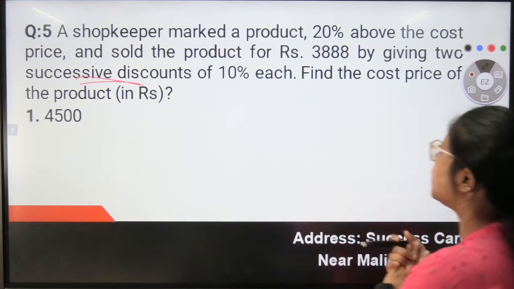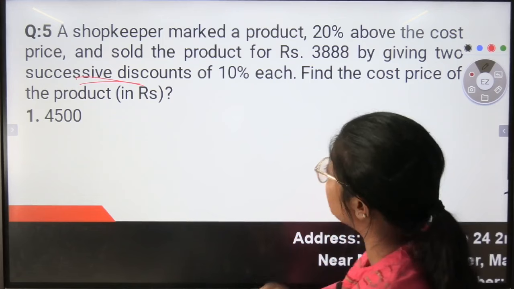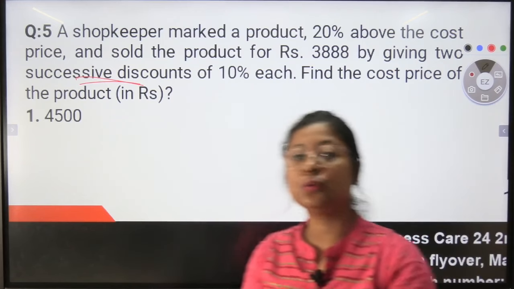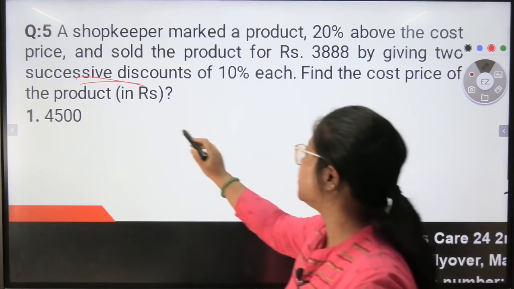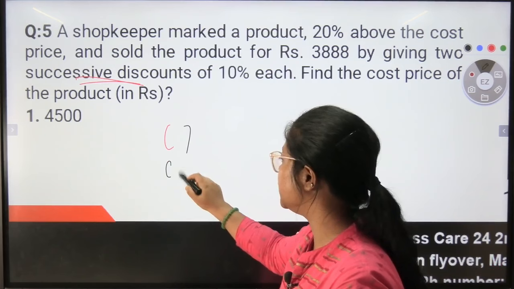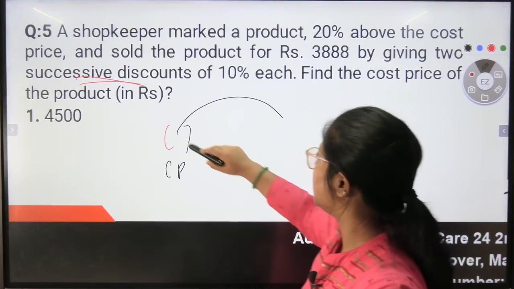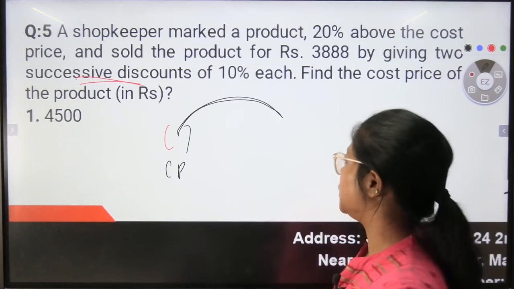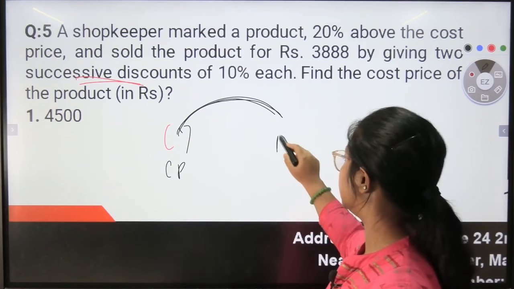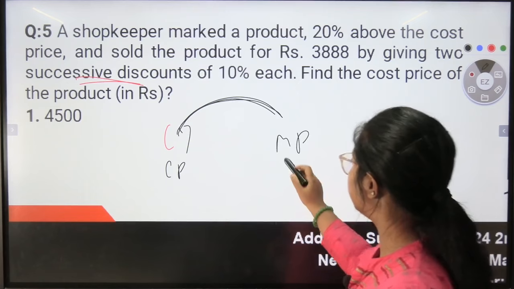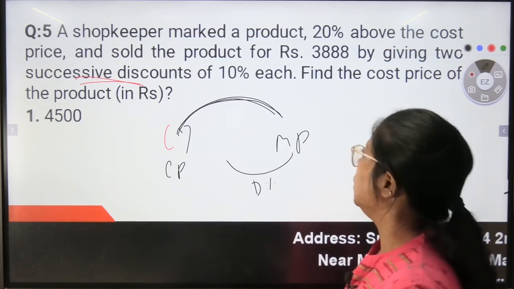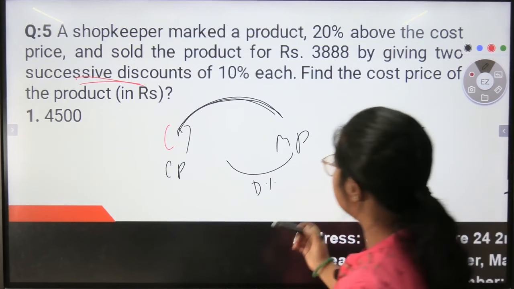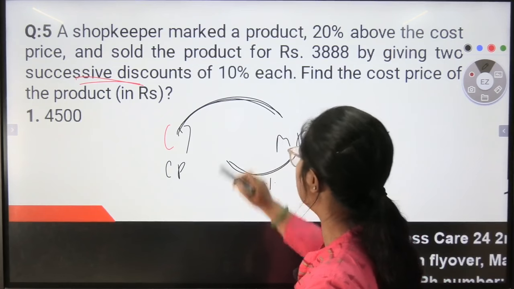So the shopkeeper marked a product 20% above the cost price. That means I have now a new concept of mark price. So what is mark price? When you increase your product value, or when you increase your cost price to a certain level, then I consider it as a mark price. And on the mark price, what does the shopkeeper do? The shopkeeper gives discount on the mark price.